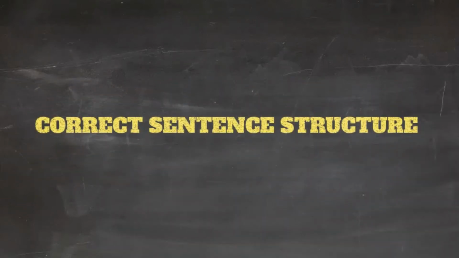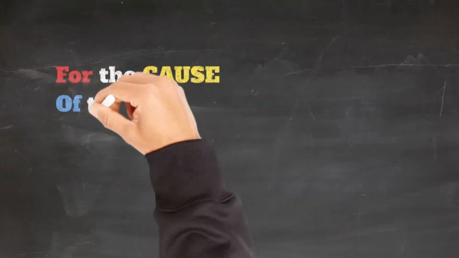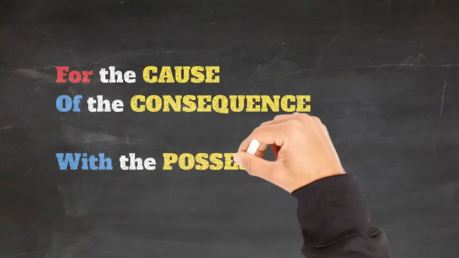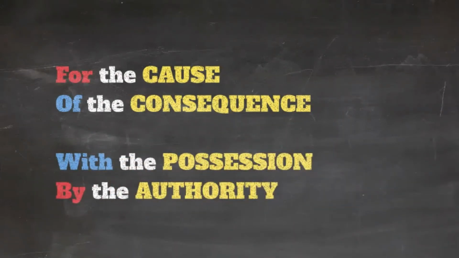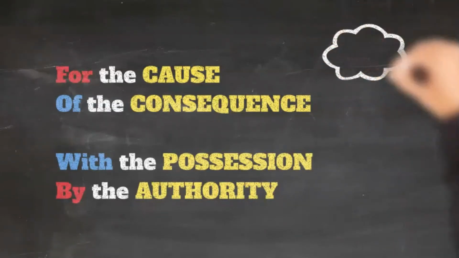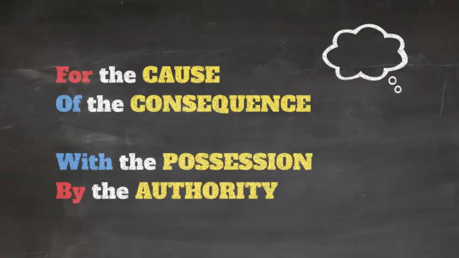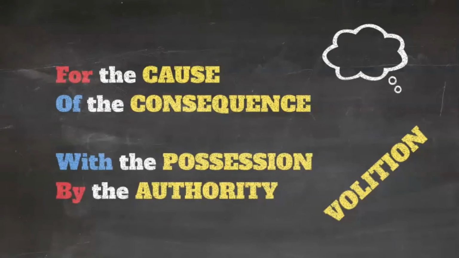Let's put our correct sentence structure together. Remember, we have, for the cause, of the consequence, with the possession, by the authority. Before I could convey these things to you in this video tutorial, I had to think about it. I used my volition to convey these fact-based words, their positions and loadial.